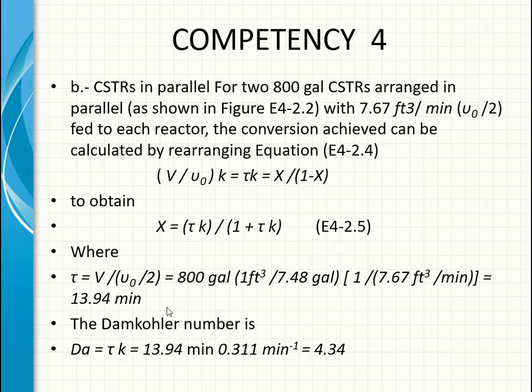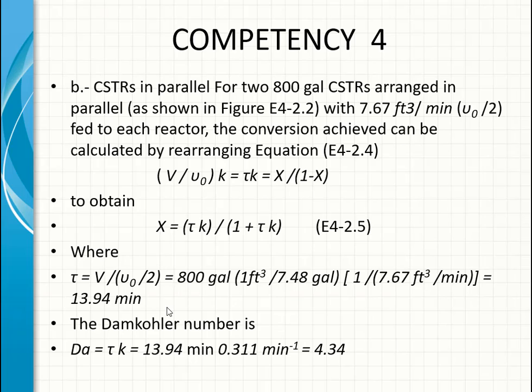And the conversion achieved can be calculated like the equation: tau times K is equal to X divided by 1 minus X. From here, the conversion is tau K divided by 1 plus tau K, and tau is the volume, which is 800 gallons, and we multiply by the factor to go from gallons to cubic feet, and we divide by the volumetric flow rate, which is 7.67 cubic feet per minute, so we will have that tau is 13.94 minutes.